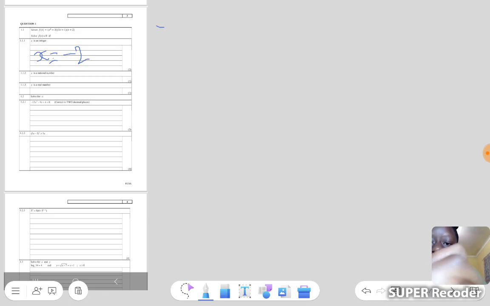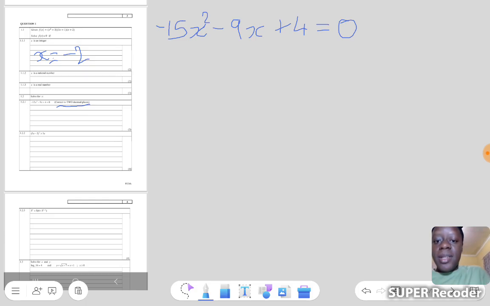We have negative 15x squared minus 9x plus 4 is equals to 0, and we were given an instruction that it has to be correct to 2 decimal places.